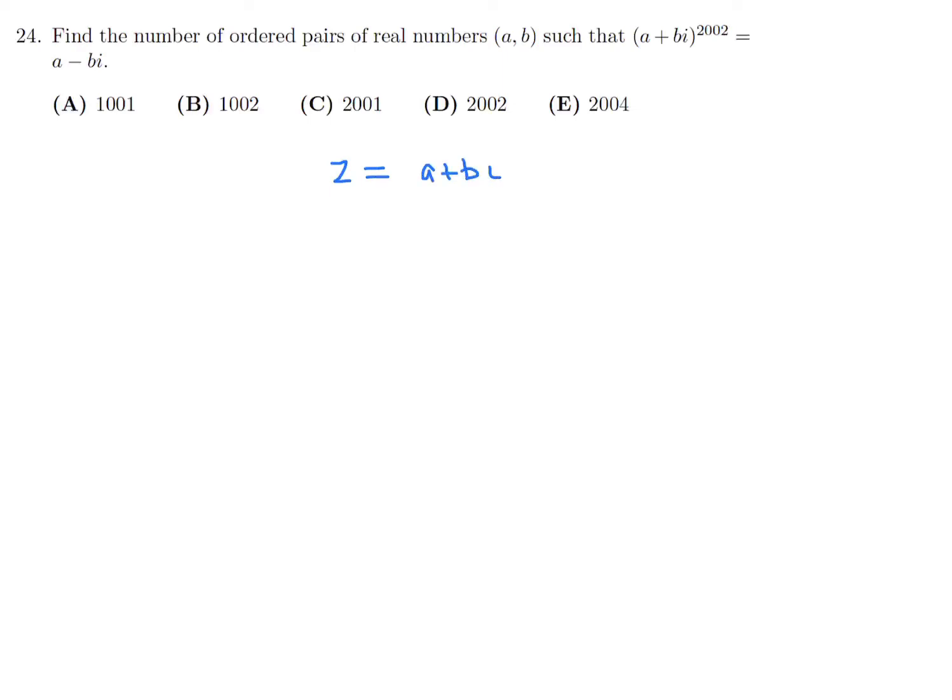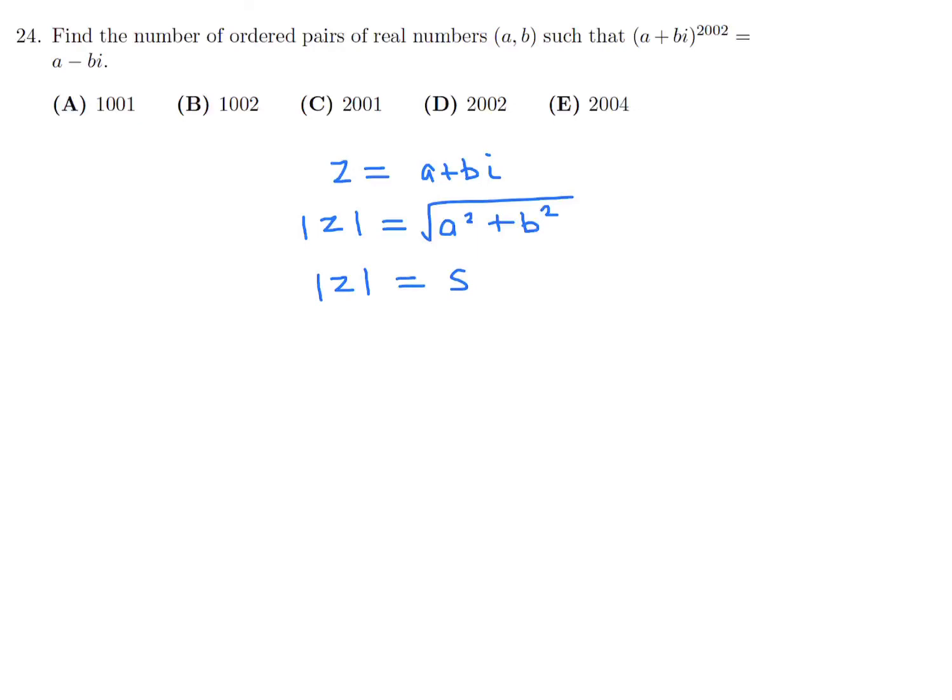And therefore, if you remember, if you take the absolute value of z, it becomes the square root of a squared plus b squared. And then when it's in that form, I'll let that equal s. So the absolute value of z, instead of writing a's and b's, I'll just call it s.